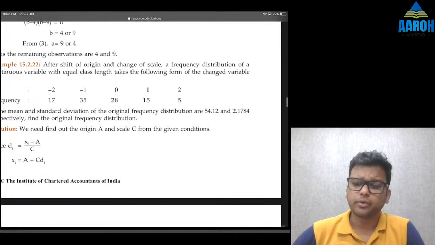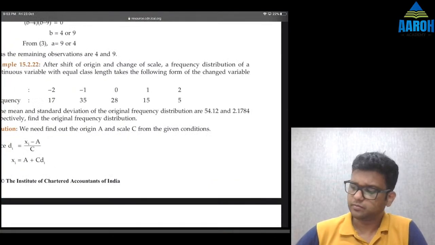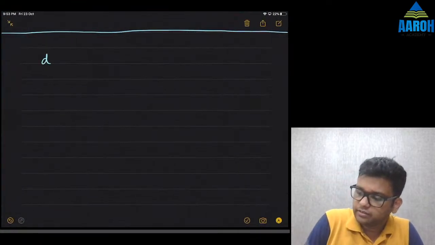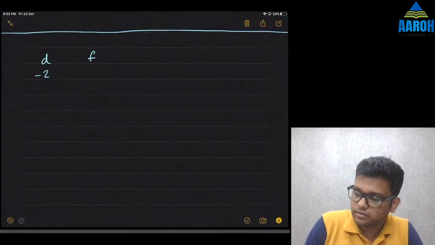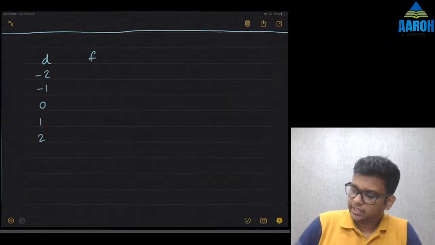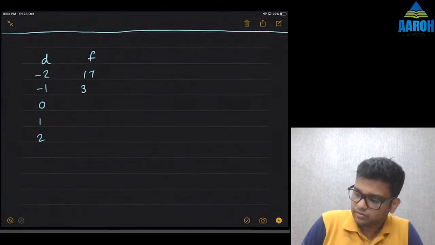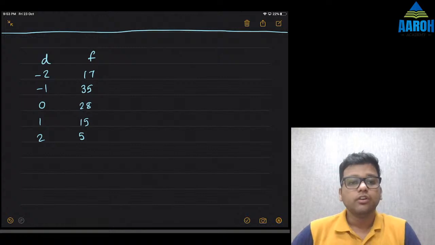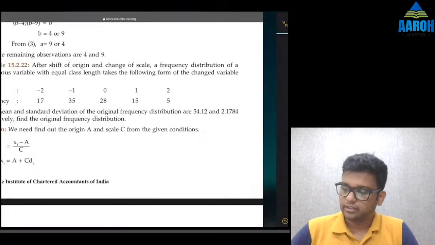Let's go to the last question for today, which is a complicated one. Let me write that data first here, then I'll explain. 17, 35, 28, 15, 5. What they are saying is, now concentrate carefully.